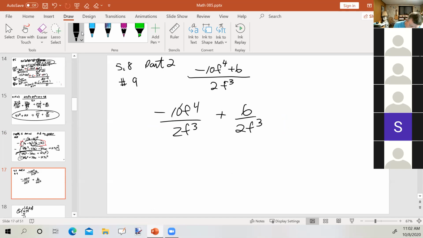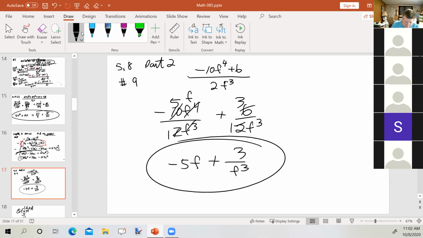Negative 10 over 2 becomes negative 5 over 1. F to the 4th over F to the 3rd would be F to the 1 power. So negative 5F plus 6 over 2 is 3 over 1. So plus 3 over F cubed. And there is that one.